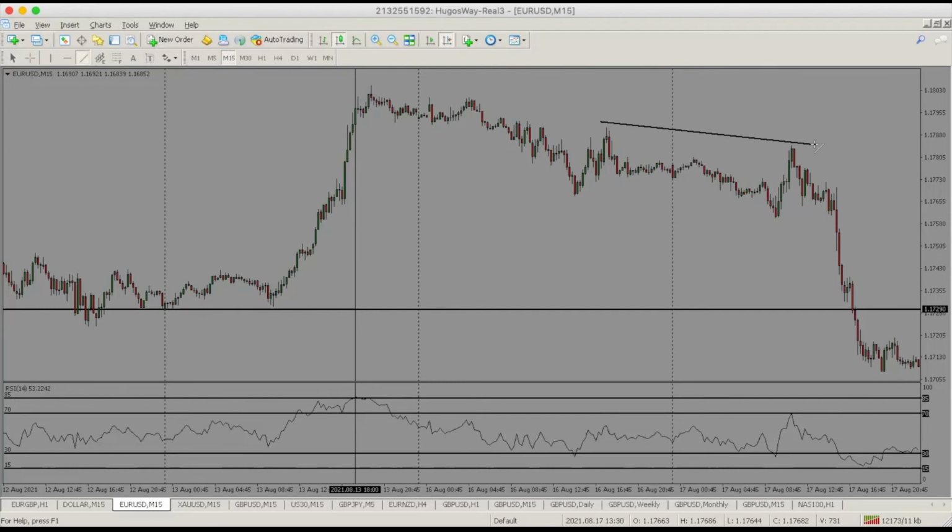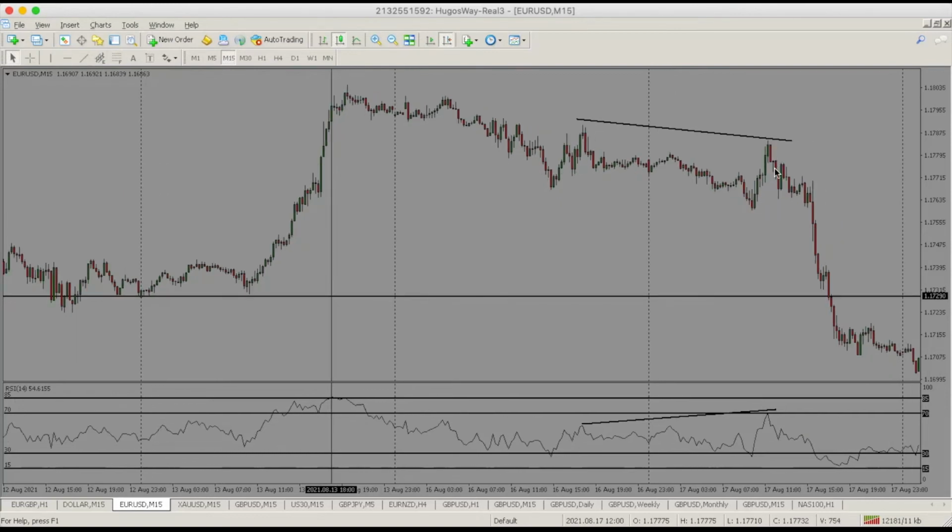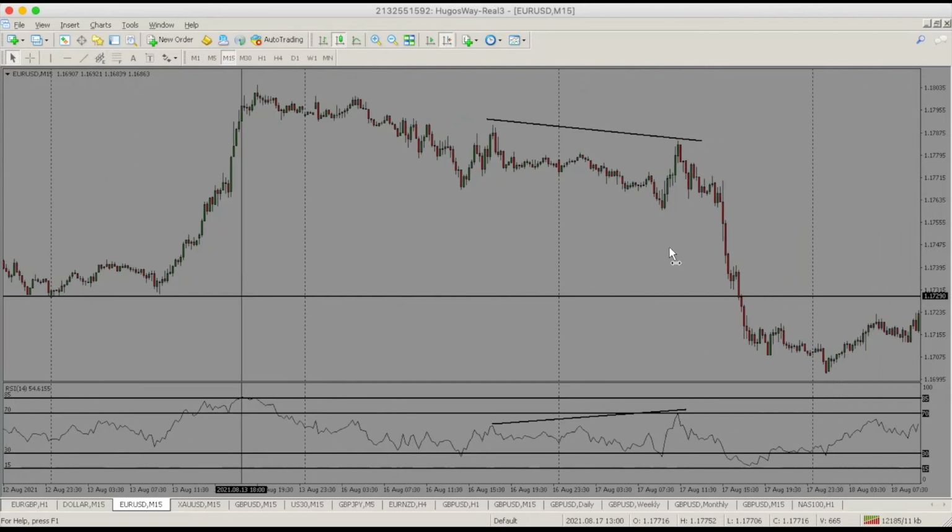So, right, we have price making the lower high, and here price making the higher high, indicating price is weak, losing strength. So trade low.